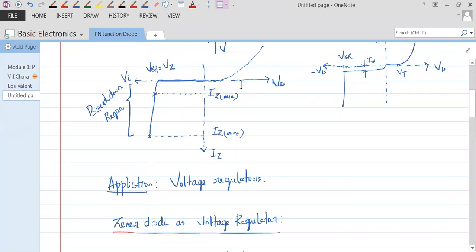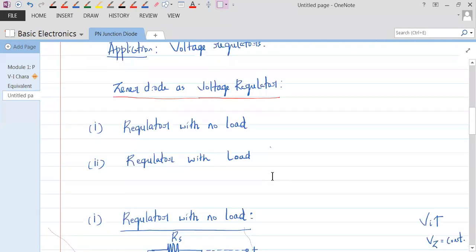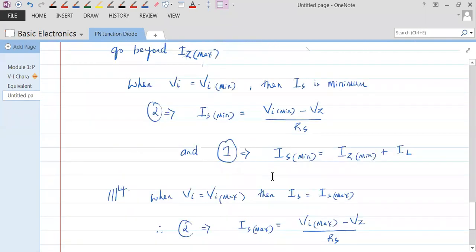So for your Zener diode to be operating between these two points, your Vi should be Vi minimum to have Iz minimum, and your Vi should be Vi maximum to get Iz maximum. But Vi should not go beyond Vi maximum, because that is the maximum limit. If you go beyond that, then your voltage regulator is not safe, is what they are saying.